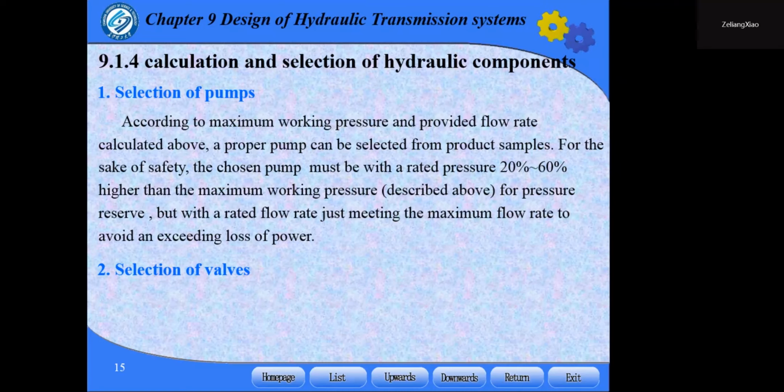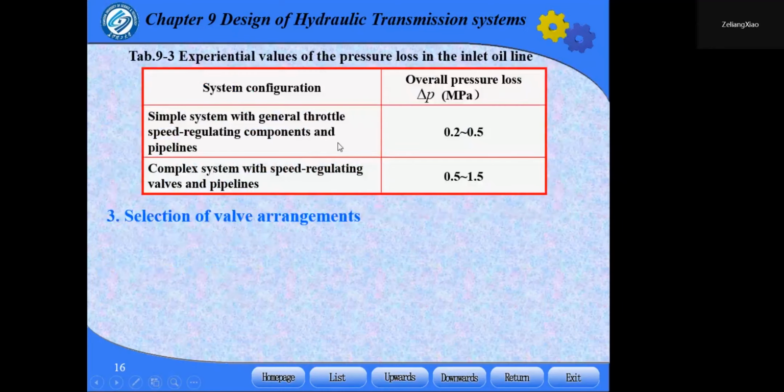Heat generation and load. To choose the throttle valve and speed regulation valve, the maximum stable flow rate must be exerted to meet the design requirements. Here are the experiential values of the pressure loss in the inlet oil line for different system configurations, such as a simple system with throttle speed regulating components and the pipeline.